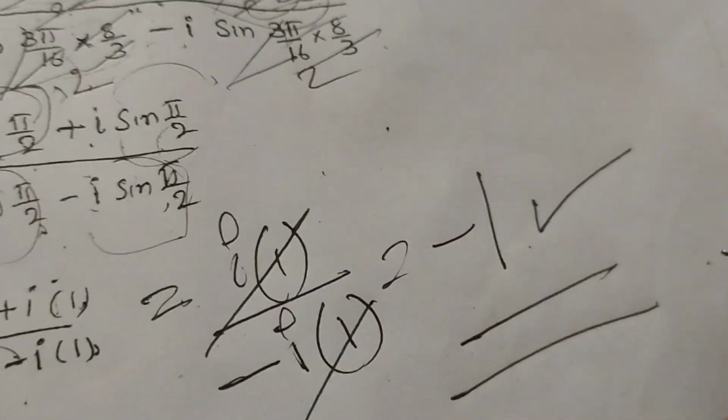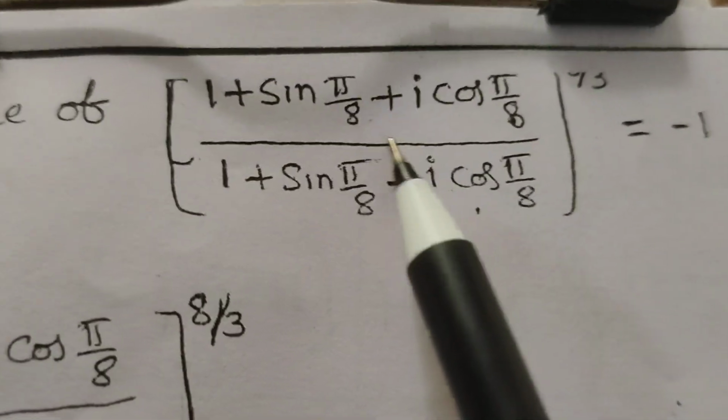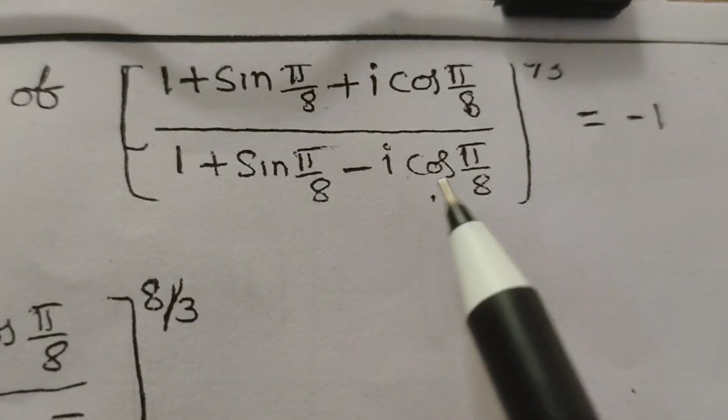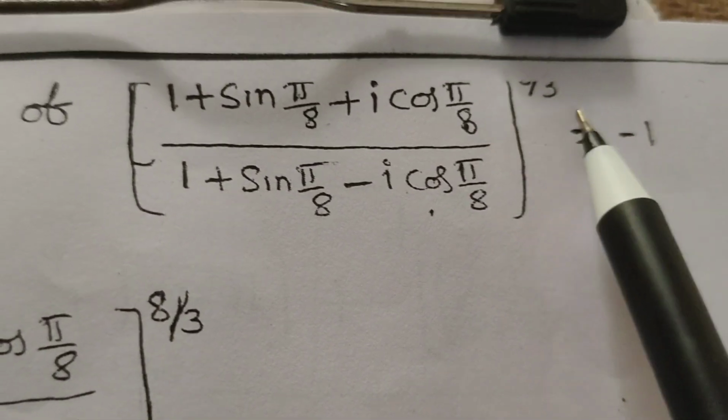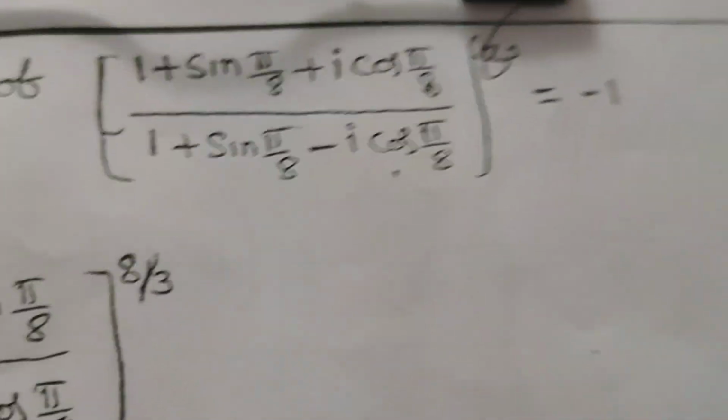Hence the required answer is −1. So ((1 + sin π/8 + i cos π/8) / (1 + sin π/8 − i cos π/8))^(8/3) equals −1. Okay, thank you.